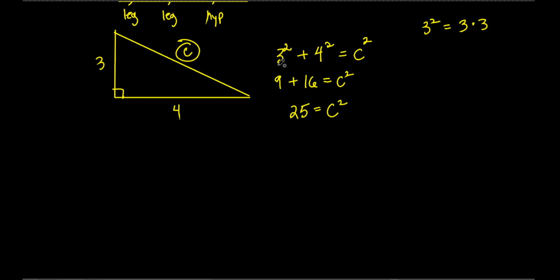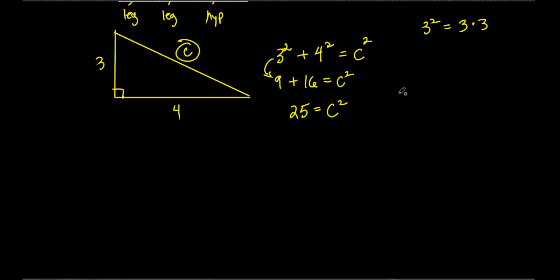From here to here, I kind of assumed that you already knew how to do that, but apparently half of us didn't, so I'm going to go through it. 3 squared means you take that number, that base, the big number on the bottom, and you multiply it by itself. Everybody hear me? Multiply it by itself. You don't multiply by 2. This is not 3 times 2. Is 3 times 2 9? Is 4 times 2 16? No. So you don't multiply it by 2. You multiply it by itself. You with me? All right.